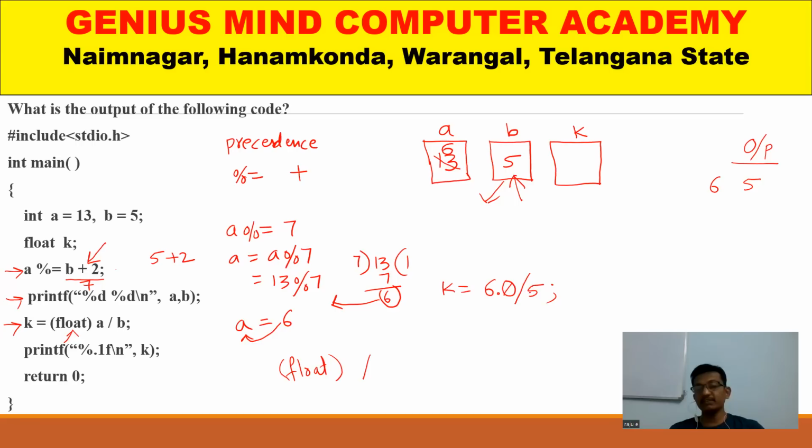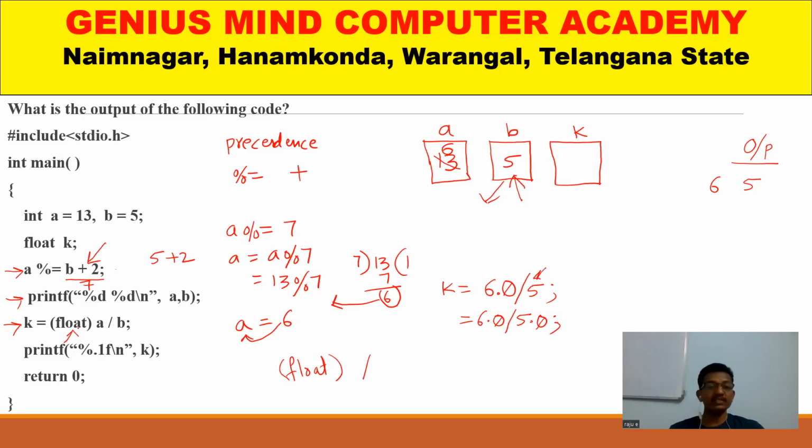When such different types of values are present, the compiler implicitly converts the lower data type to the higher data type. Here integer is considered the lower data type. So this 5 will be converted to floating point type like this, 6.0 slash 5.0. This is called an implicit conversion.